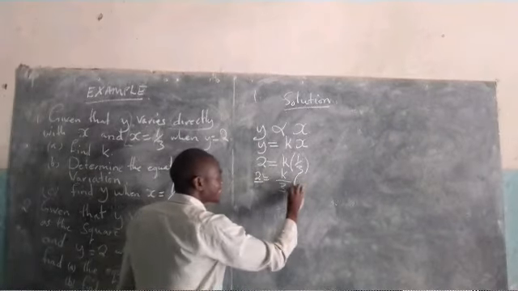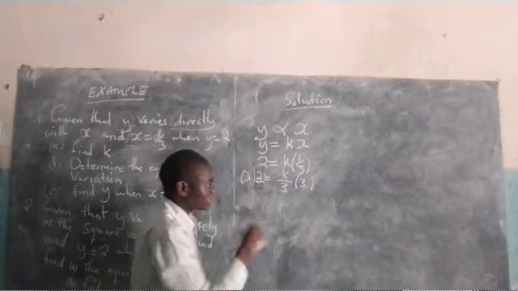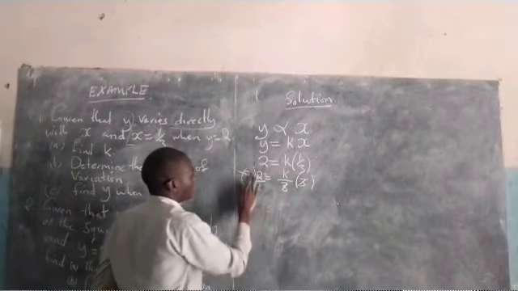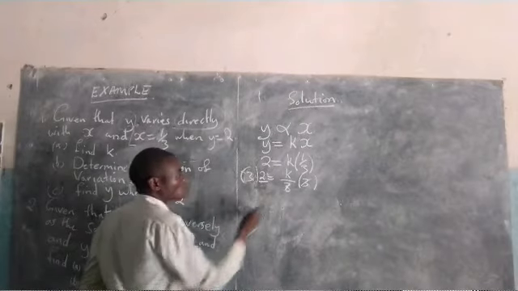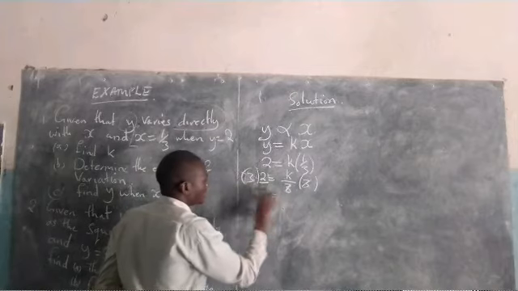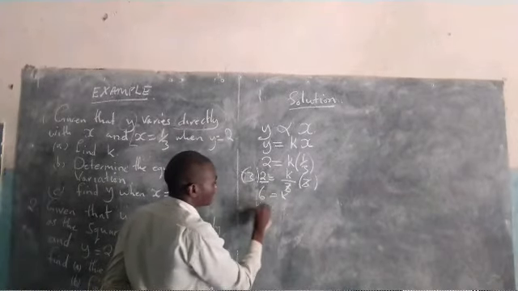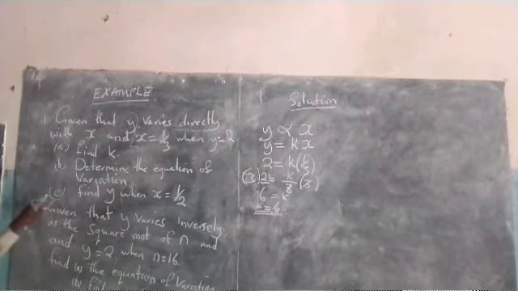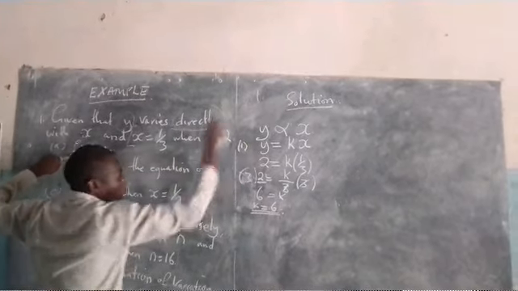So we multiply this side by 3, also this side by 3. The 3s cancel, then we have 3 times 2 is 6, equals k. In other words, k is equal to 6. They were asking us to find the value of k, so part 1 of the question is answered.